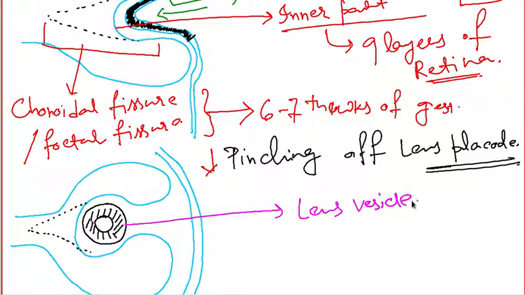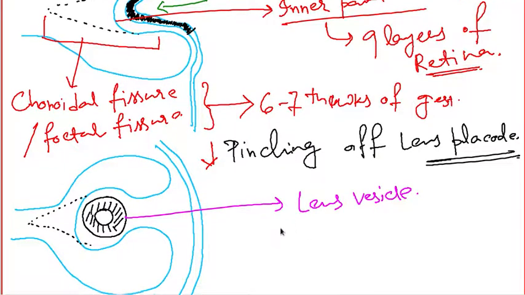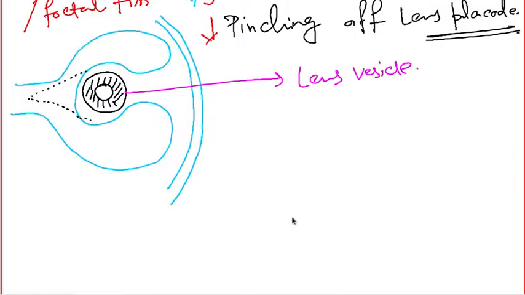Now you can see here we have our lens vesicle, which will give rise to the lens in later period.